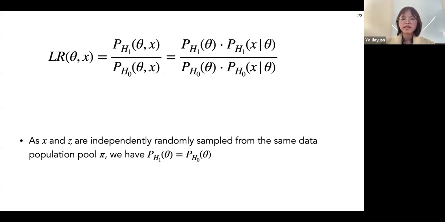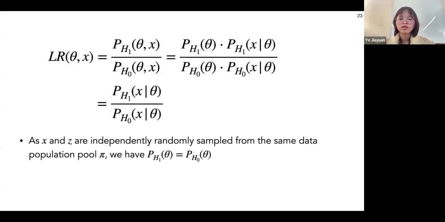And this allows us to cancel out the term related to the probability of theta in this expression and allows us to focus only on the probability of X being in the training data set conditioned on a model theta in the member world versus this conditional probability in the non-member world.